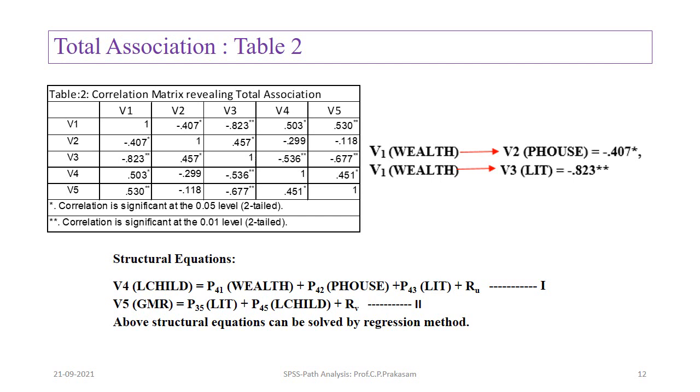If you consider V1 to V2, the correlation coefficient is minus 0.407. Then V1 to V3, the correlation coefficient is minus 0.823. Whereas the other two structural equations will be solved by using SPSS regression equations, which have been given as equation number 1 and equation number 2.